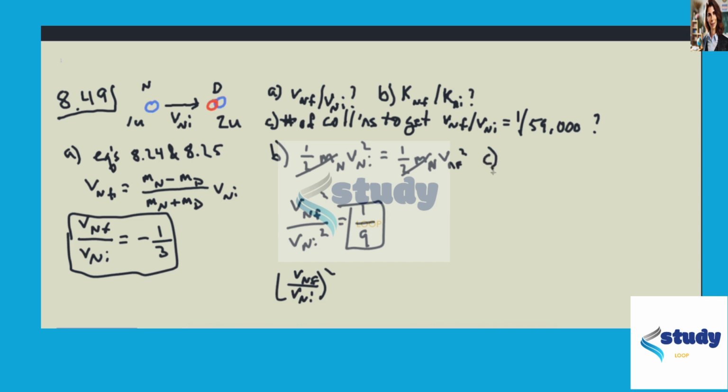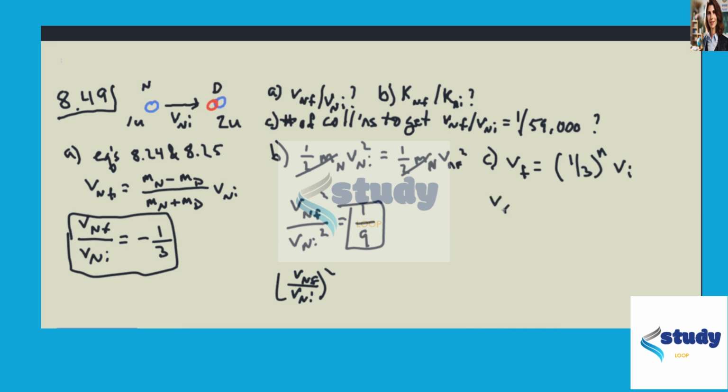Now, to figure out how many collisions we need to have to get this reduction in the speed, we see that every time there's a collision, there's a constant factor by which the speed is reduced. And so that means that the final speed, after n collisions, is going to be 1/3 to the n, because you just multiply by 1/3 every time there's a collision, times the initial.